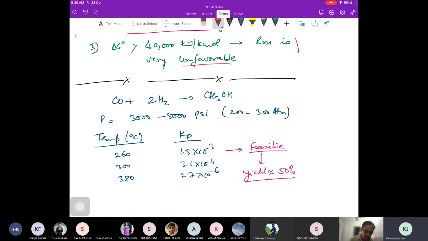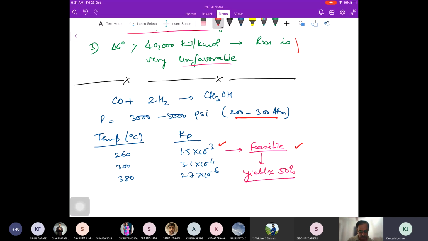3,000, 5,000 psi, that is very high pressure. K values are significant. 1.5 × 10 to the minus 3 is not that bad, and it is feasible. So if you change pressure, if you change temperature, a reaction which is not feasible in standard state of what we define as 1 bar low pressure may become feasible at high pressure and high temperature.